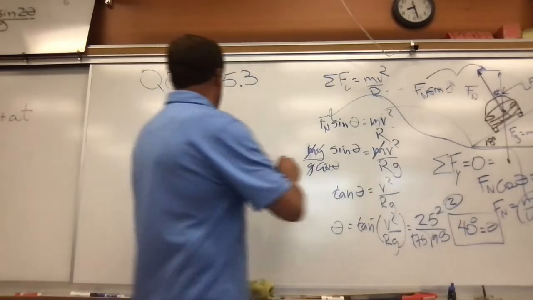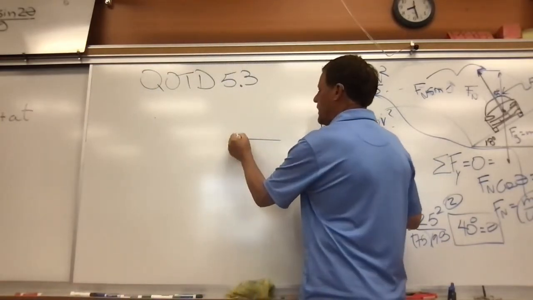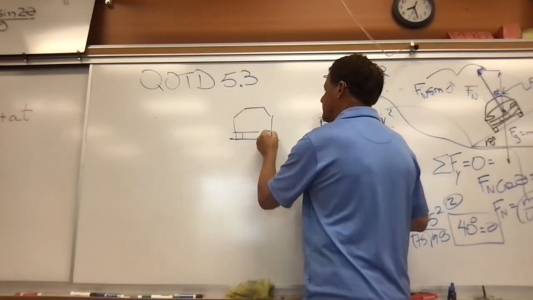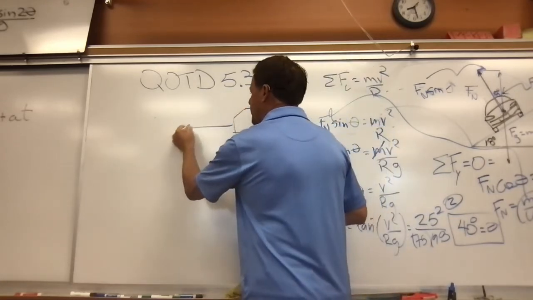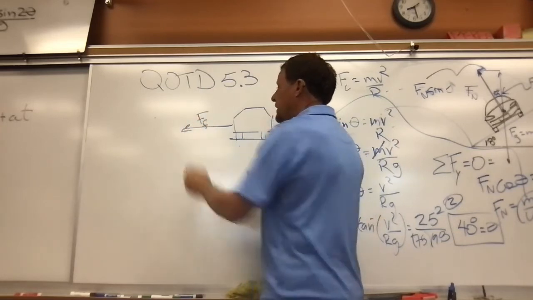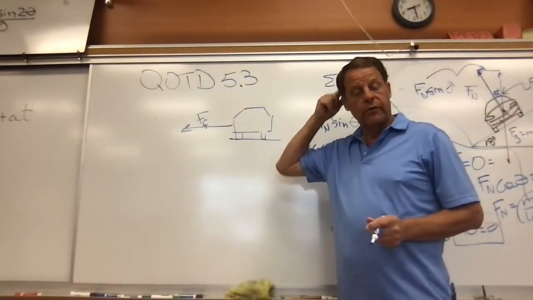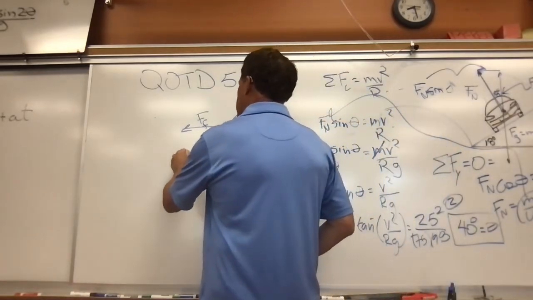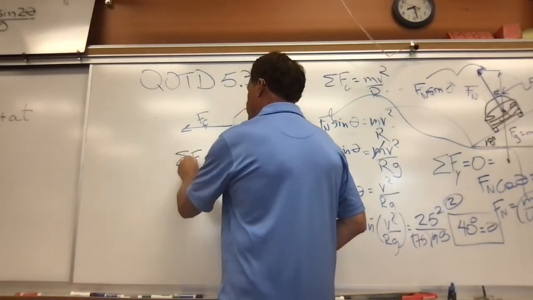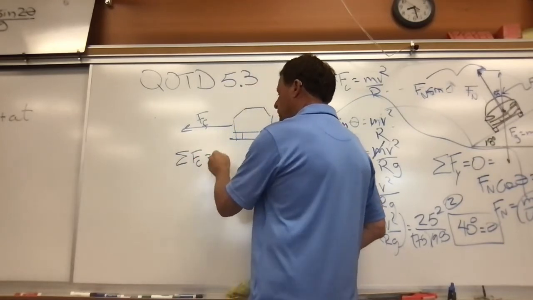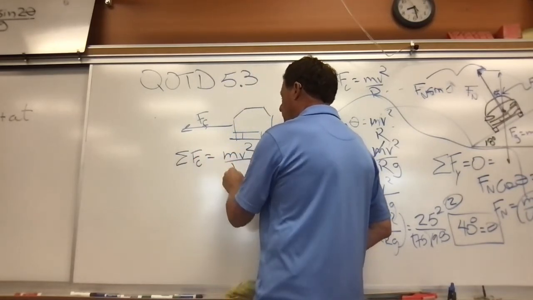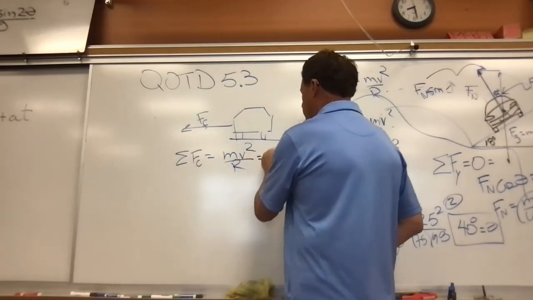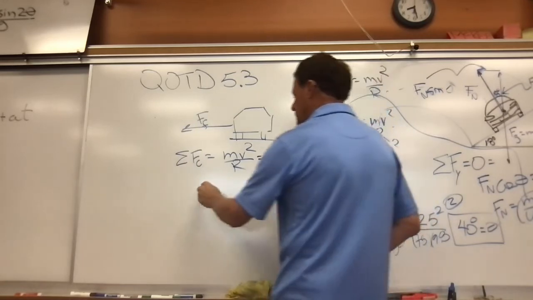So now if we think of our car here, and we would be going towards the center, the force of friction would be the part that would have to be going towards the center. Now we would say the sum of the forces towards the center is equal to mv squared over r. This right here would be relying on the force of friction.